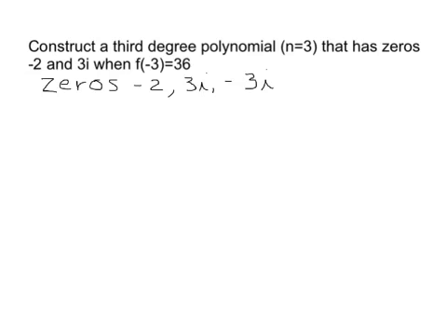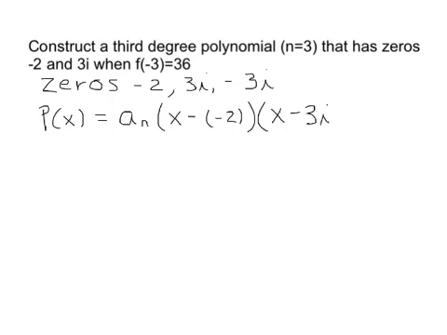So if we have these 3 zeros, then the factor theorem tells us that our polynomial can be rewritten as the product of the factors with a lead coefficient we'll call a sub n, and then x minus each of the zeros. So x minus -2 as a factor, x minus 3i as a factor, and x minus -3i as a factor.